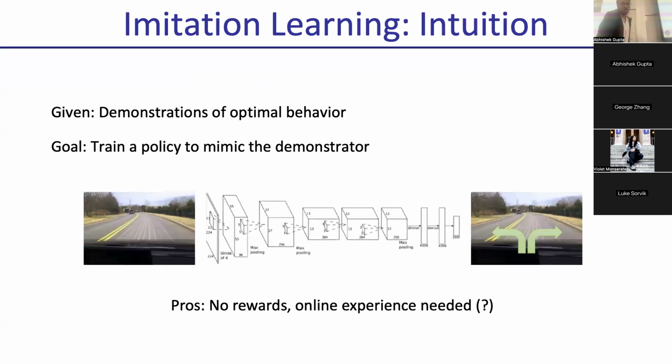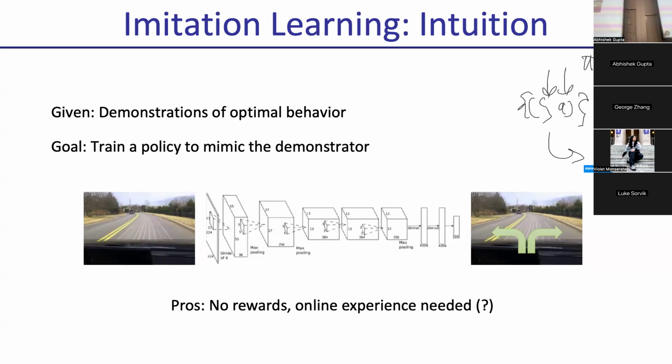Alrighty. So the idea here is we're given some traces of states and actions from an expert, and your goal is to train a policy that can mimic what the expert did, right? These are assumed to come from an expert, so let's call it pi star. We don't know what pi star is. We just know the traces of states and actions from pi star.